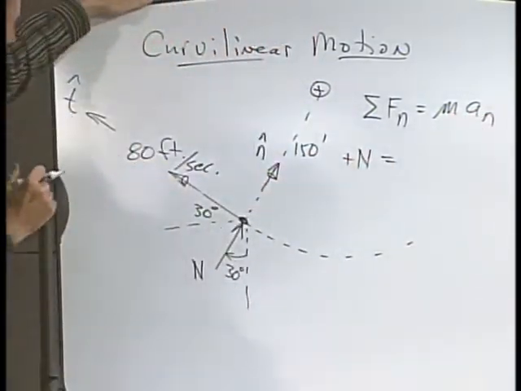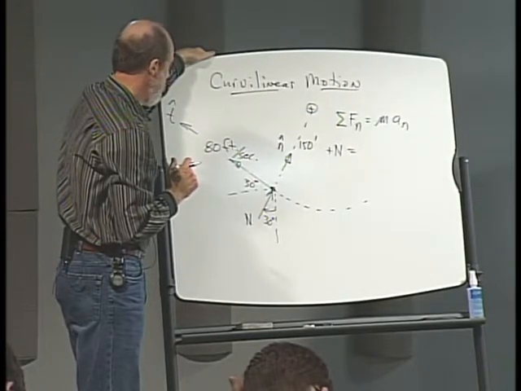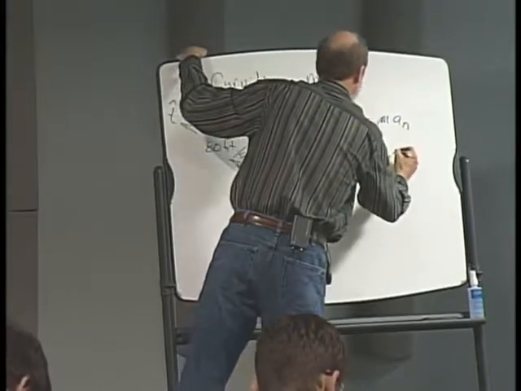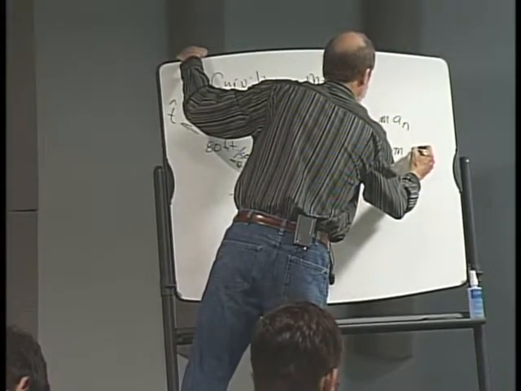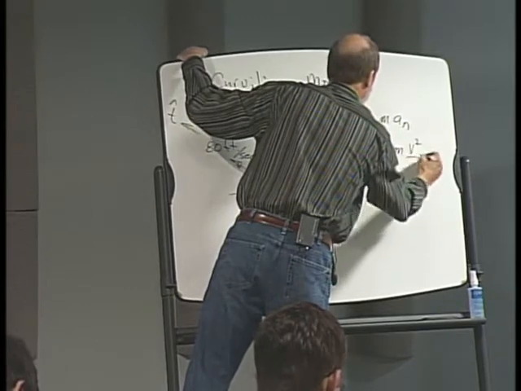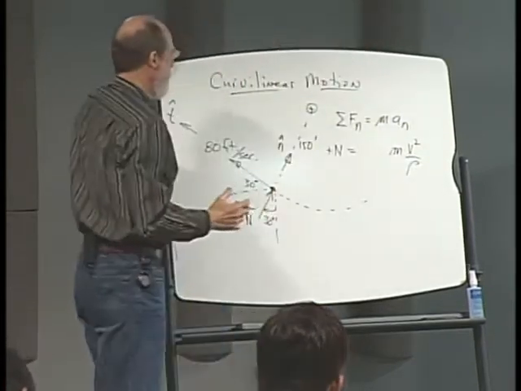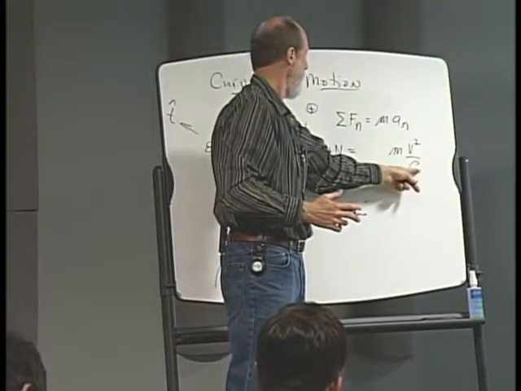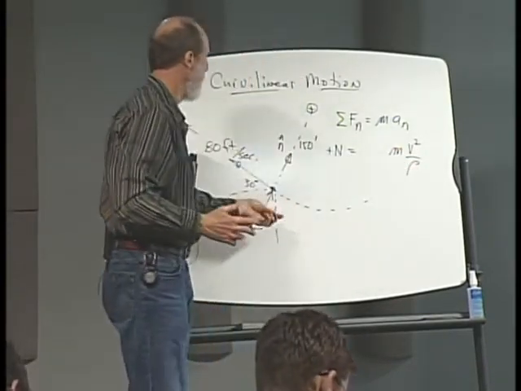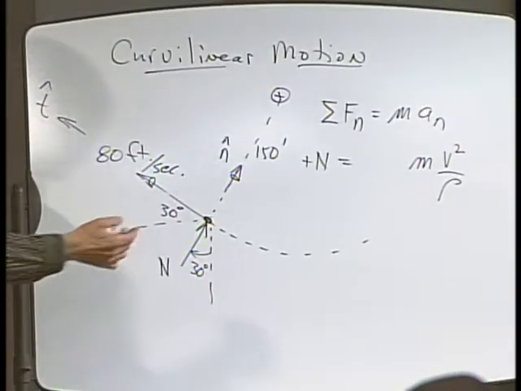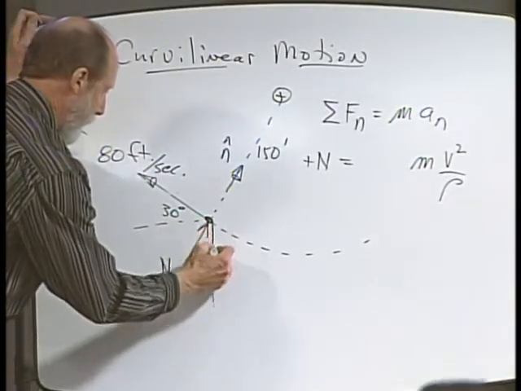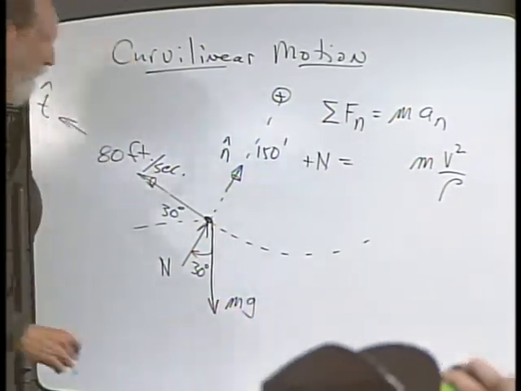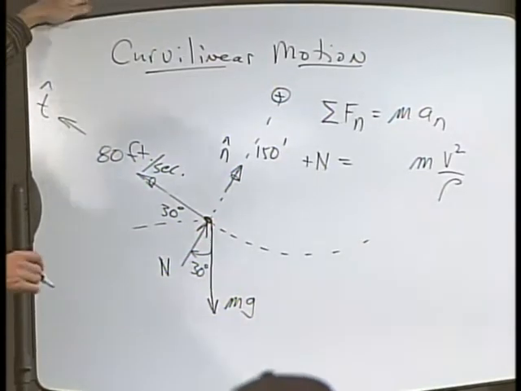Am I missing anything? What's missing on my free body? When I start writing this equation, I've got my mass over here and my normal acceleration, which we know is v squared over that radius of curvature. But something's fishy there. I mean, we know the mass, we know the speed and the radius of curvature. The body weight. So I failed to include the weight of the skier, mg.